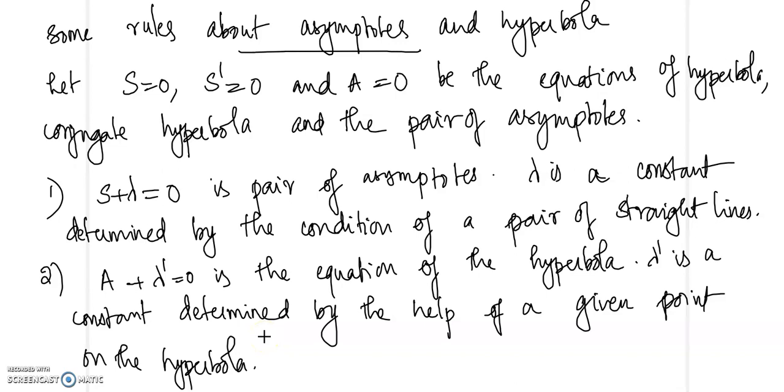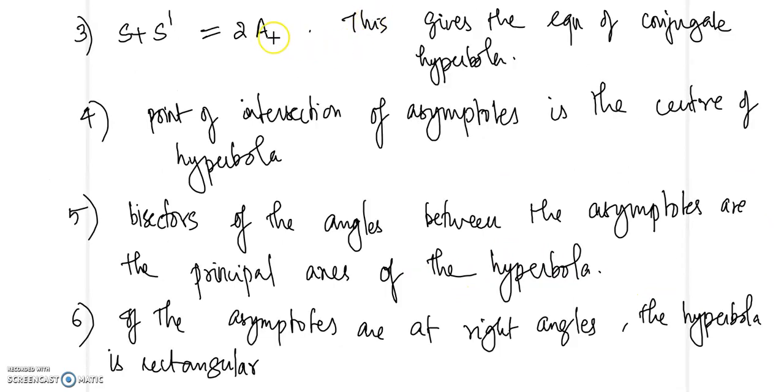So once you are given a point such that it passes through the hyperbola, by substituting we can find the unknown value lambda dash. And the next property is, when you take S plus S dash, that means the sum of hyperbola and conjugate hyperbola, that will be 2 times A.